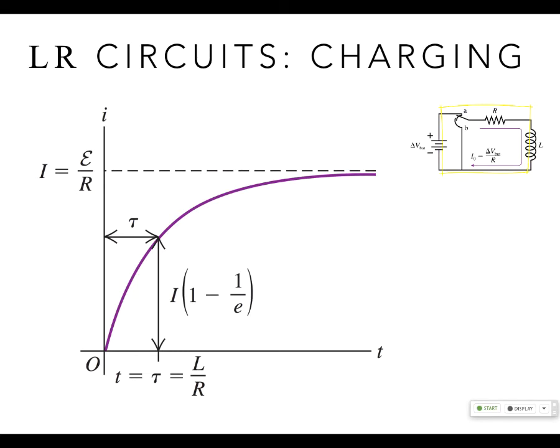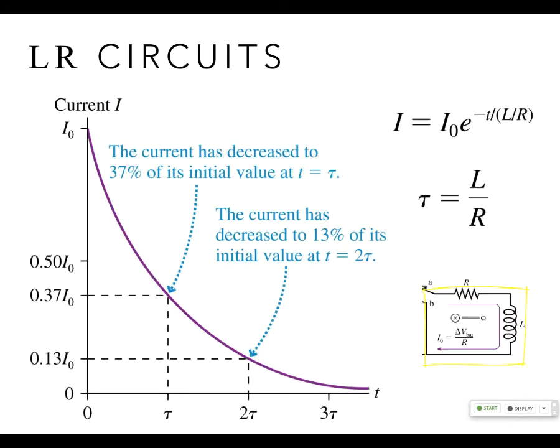I was just curious on the other slide. Is that always true, the 37% at the time constant, and why 37%? So this is at the time constant, tau. Okay? In this case, the time constant is L over R. In the RC circuits, the time constant is RC. The time constant is a time in seconds. So the time constant is when you get initial current times e to the what?